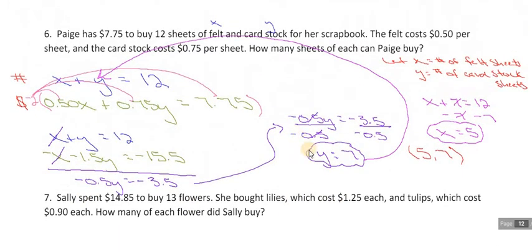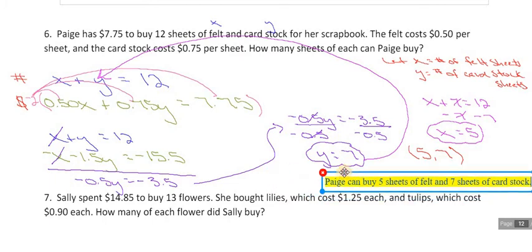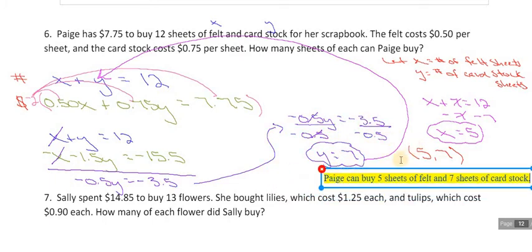And what's this girl's name? Paige. Paige can buy 5 sheets of felt and 7 sheets of cardstock. Okay, so we need to take that ordered pair and write it using a sentence.